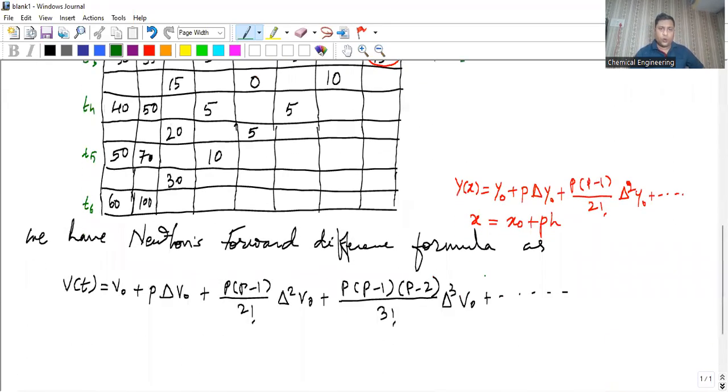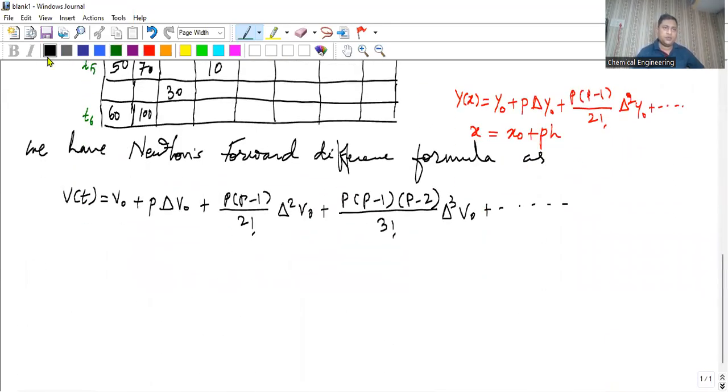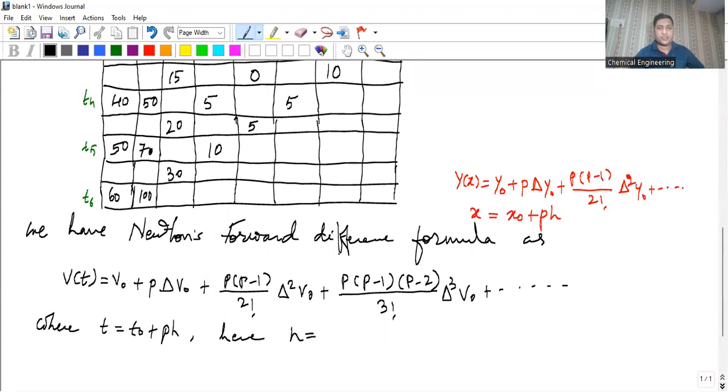Now, what is the value of t? We have t is equal to t0 plus ph. Here the time is equally spaced, so what is the step size here? 10. So h is going to be 10 seconds.